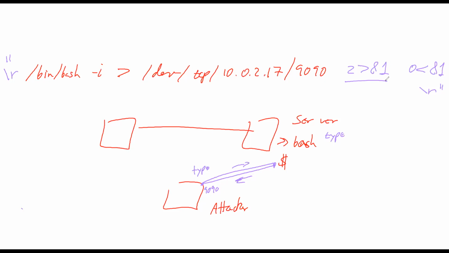We can achieve that by appending this term at the end of the command. This means using the device represented by file descriptor 1 as the input device, which is file descriptor 0. Since file descriptor 1, which represents the standard output device, is already set to the TCP connection, the same connection will now be used as the input device as well.